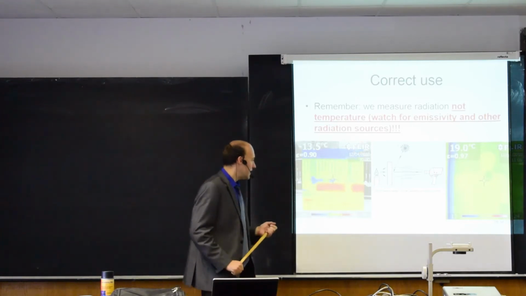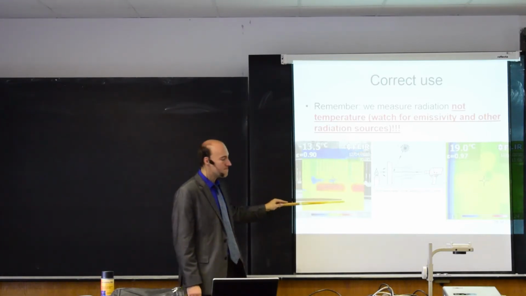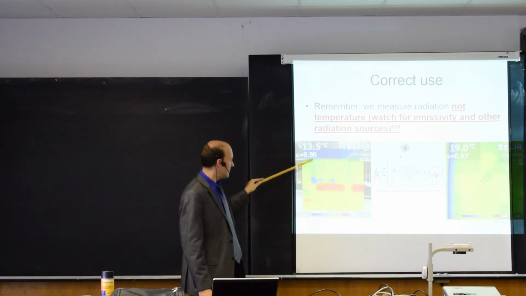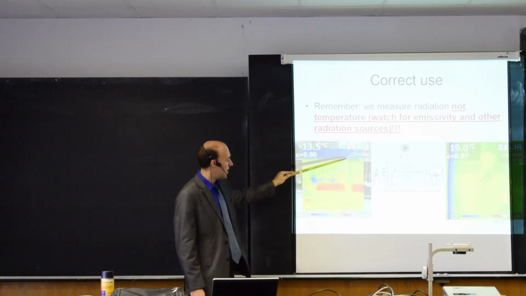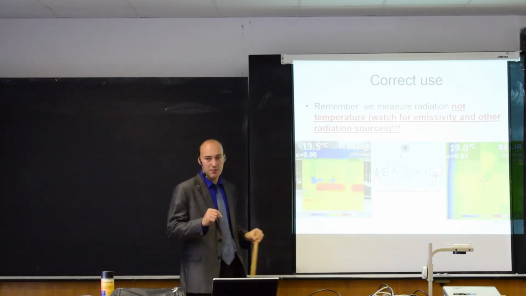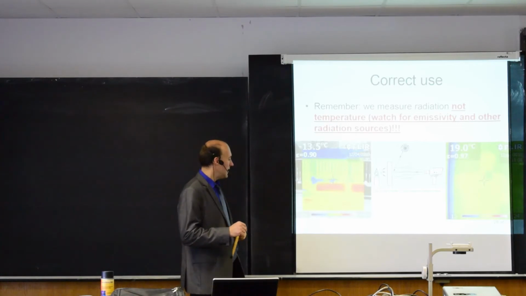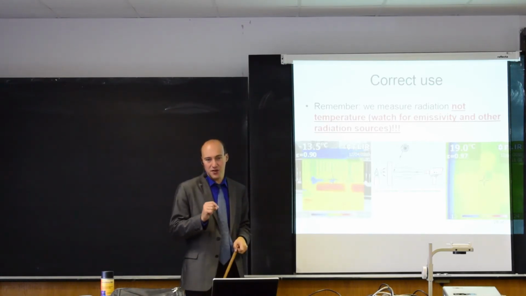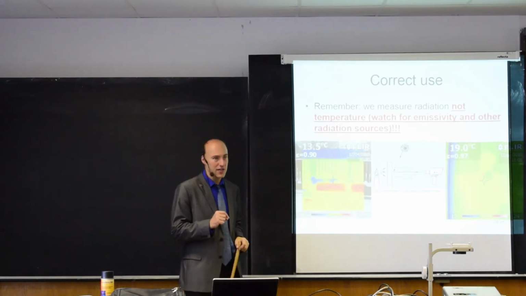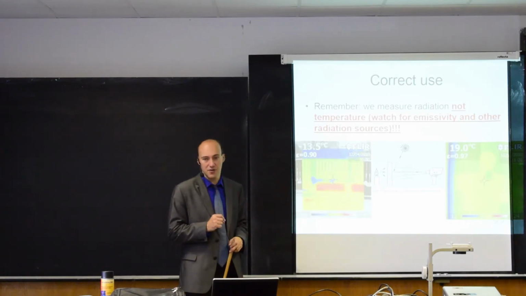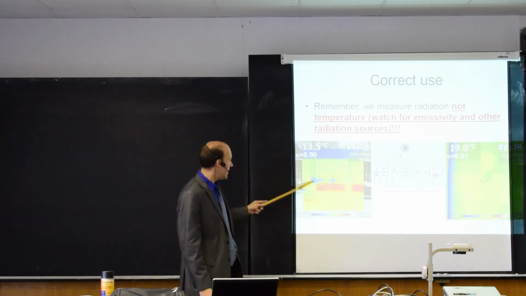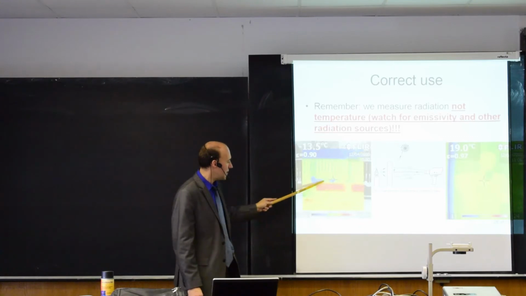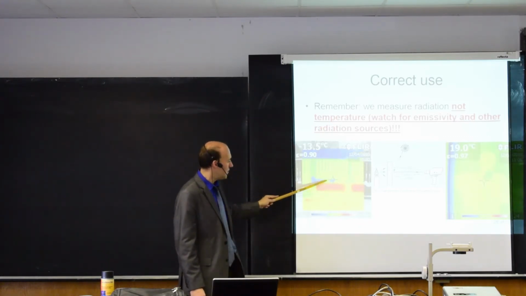And then, this is an example here. Here you see an object which has the same temperature, but since the emissivity of different parts on this object is different, it looks like it has a different temperature. So here it looks like there is a higher temperature, and here it looks like there is a lower temperature.